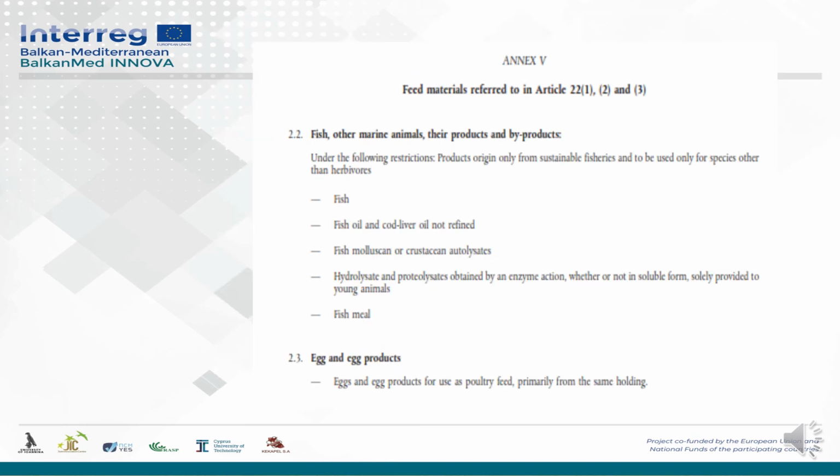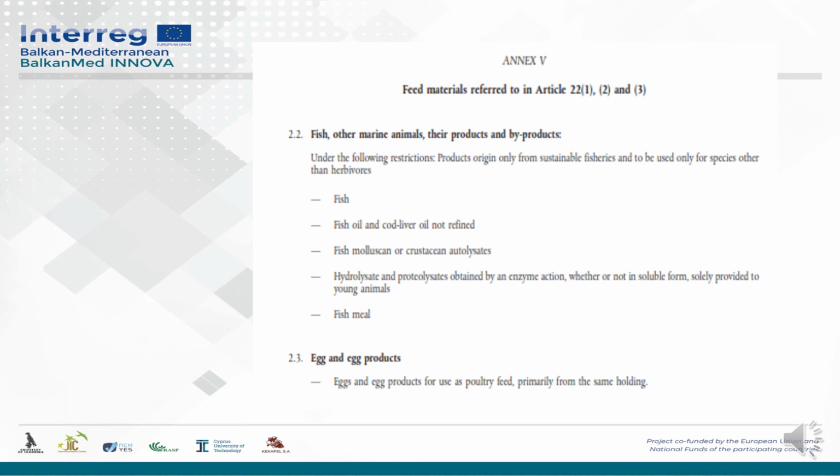A second group of feeds of animal origin are fish, other marine animals, their products and byproducts, like fish oil and cod liver oil, not refined, fish, molluscan and crustacean autolysates, hydrolysates and proteolysates obtained by an enzyme action, fish meal.